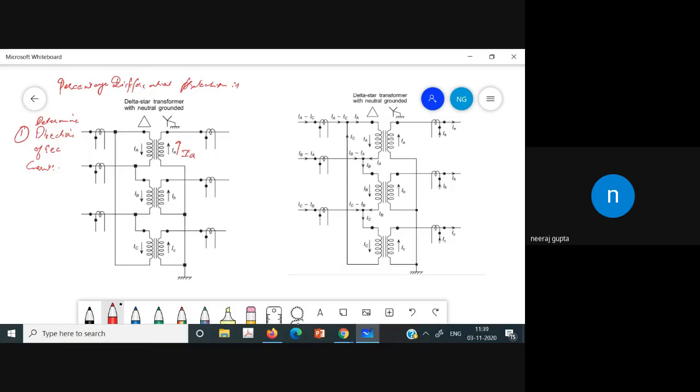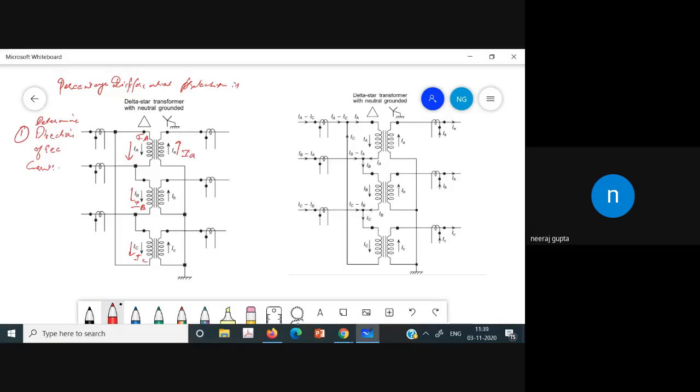after this, the primary winding currents are determined. So we will have the IA, then the IB, then the IC.